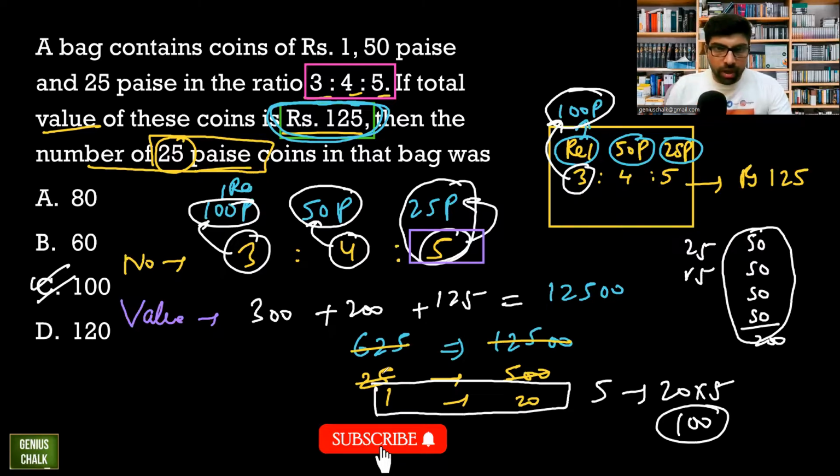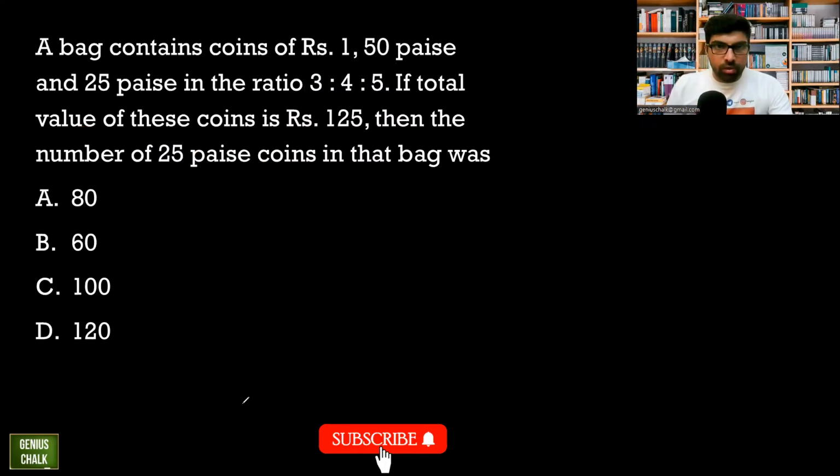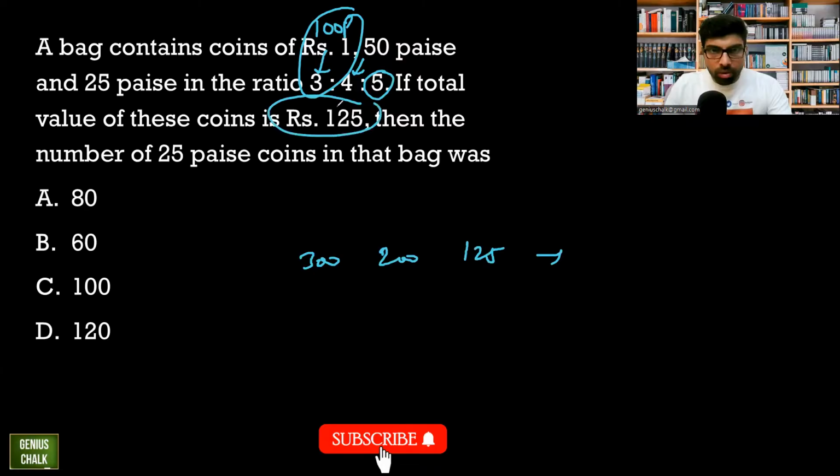So let me again do it in short. In the exam, you'll just see rupees 1, so this is 100 paisa, and this is 50 paisa. Just multiply them: 100 into 3, 300; 50 paisa into 4, 200; 5 into 25, that is 125. The total value is 625, and 625 is equal to 12500.